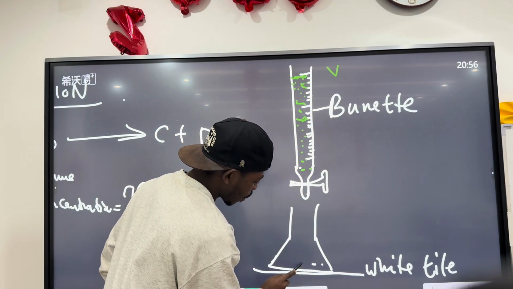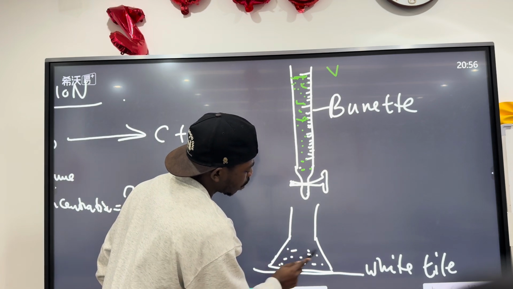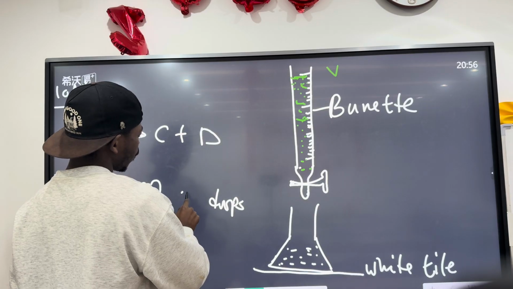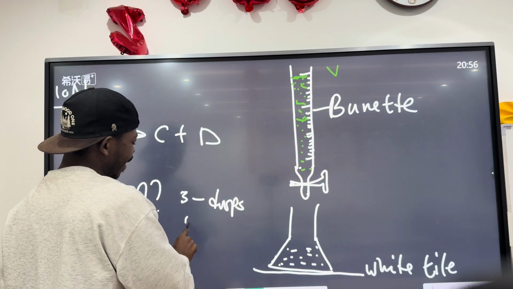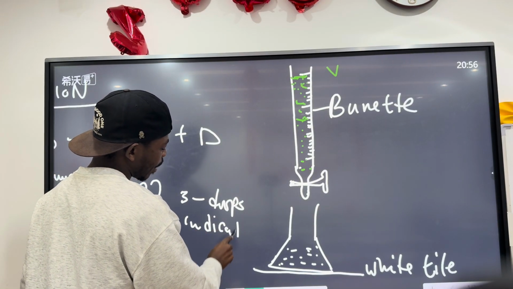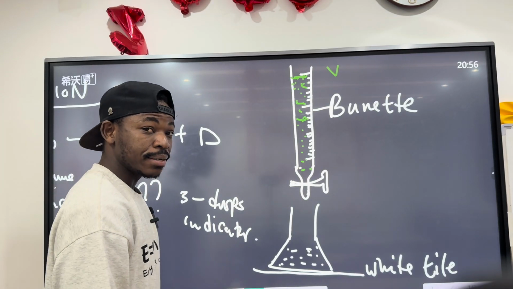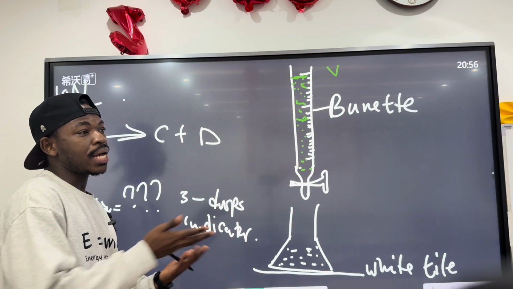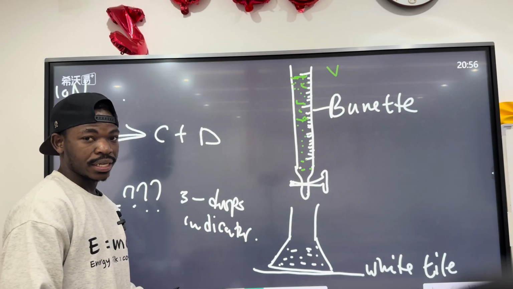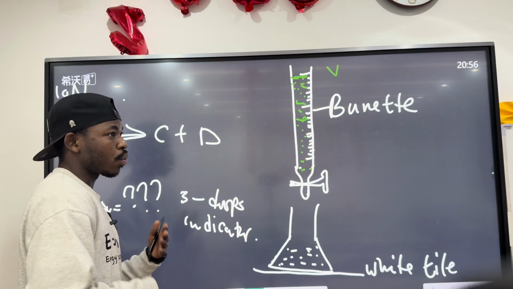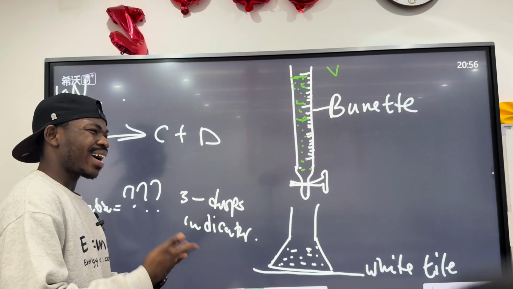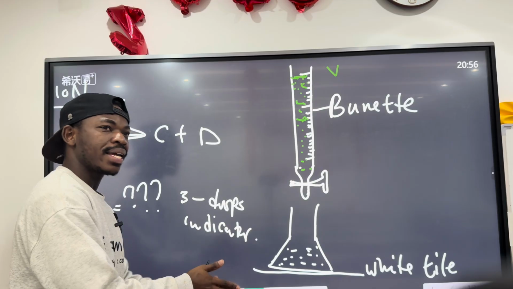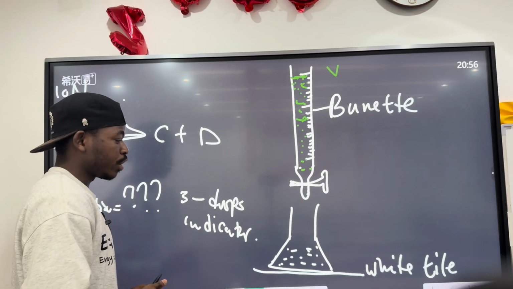So here, I'm going to have another solution. I'll also add a few drops, maybe three drops, of an indicator. An indicator is simply a substance or a chemical that is able to change color when an acid or a base is added to it, or it changes color depending on the medium, whether it's in acidic medium, basic medium, or neutral medium.